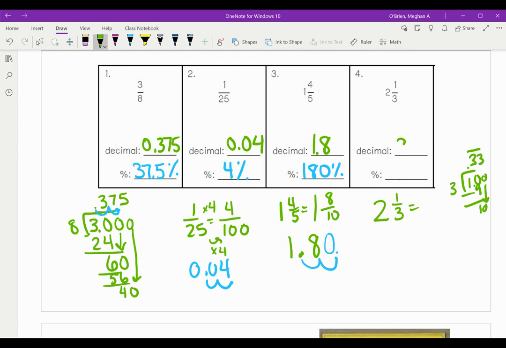So this decimal is 2.3 repeating on and on and on. And then the percent, if I multiply it by 100, right? I can just round and call it 233%. Or sometimes we see it written like that. Okay.